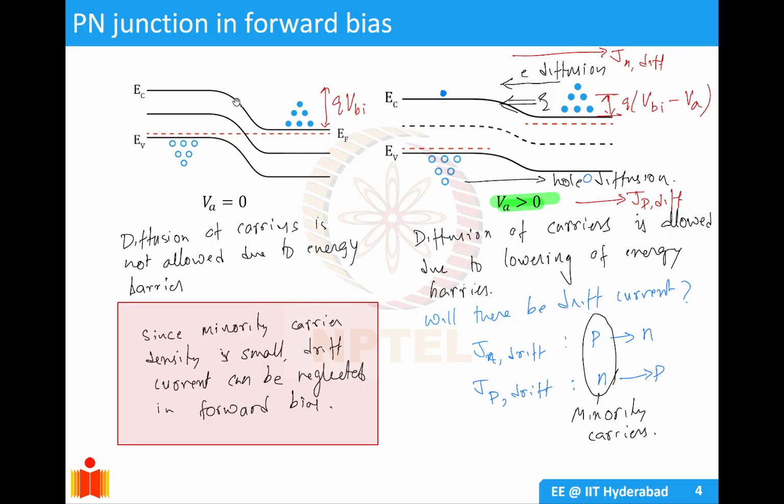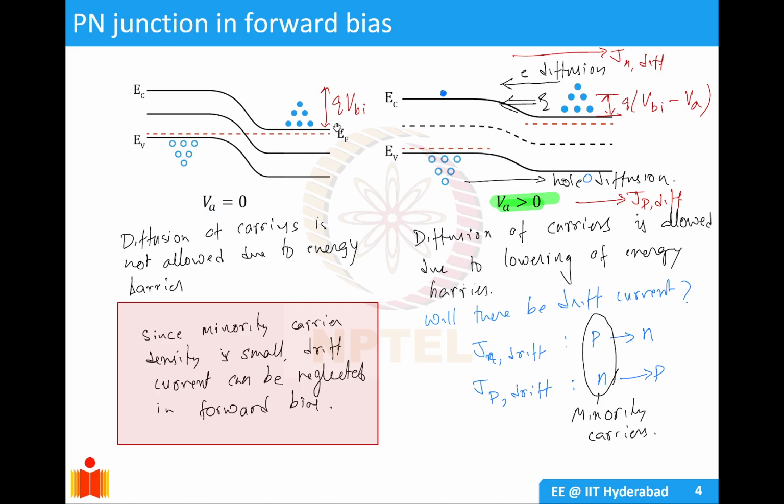So when you do that, this is the neutral condition where there is no applied bias. When you apply a forward bias, your EFP goes down, EFN stays the same, and when EFP goes down, your EC and EV also go down.